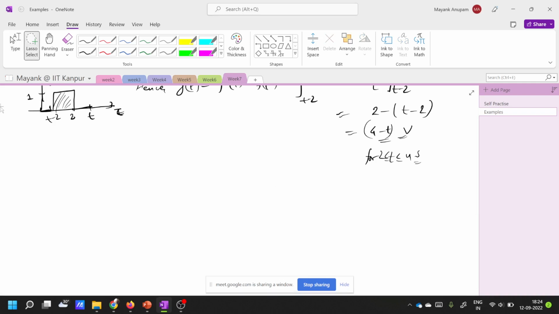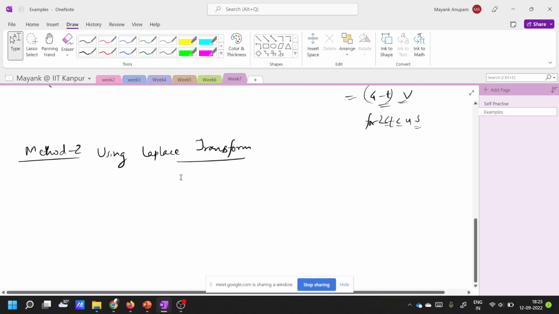I'll write it here. So method 2, using Laplace transform.